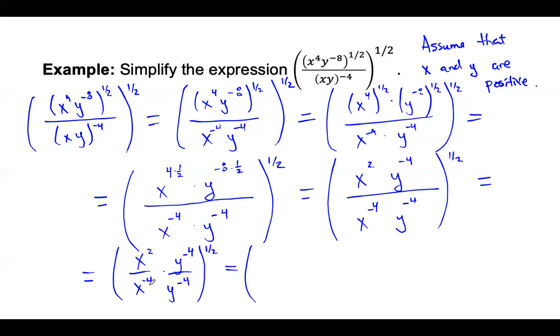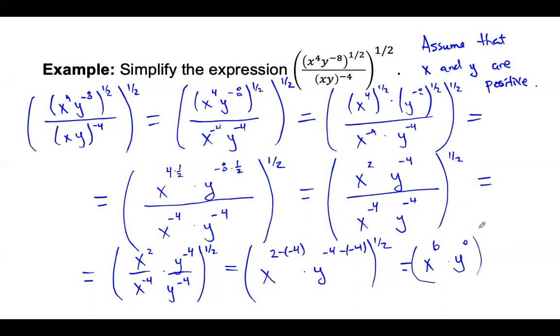So 2 subtract -4. Sometimes people fall for this one. Times y to the exponent -4 subtract -4 half. Do like these exponents. So this is x to the power 6, -4 subtract -4, that's going to be y to the power 0.